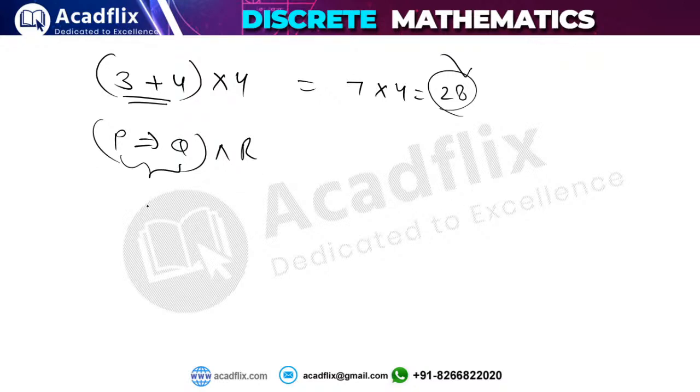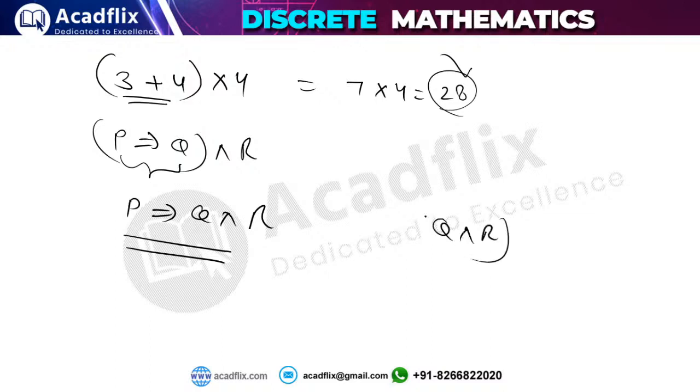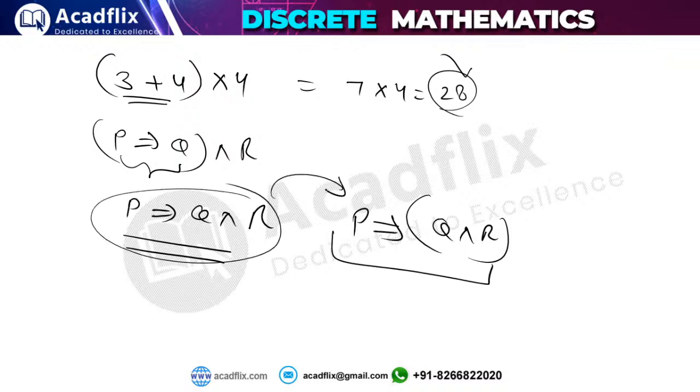But remember, if we have this without bracket, then the precedence order says that first you do the conjunction, then you do the implication. So basically this thing means this. And now you can see this bracket has the highest precedence, so you do the bracket first.